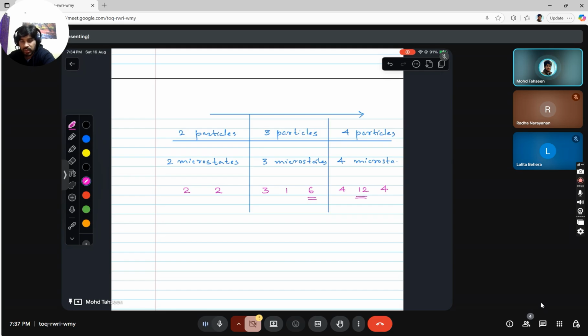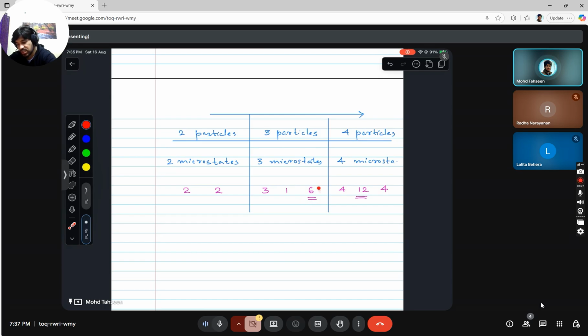So in terms of probability, there are a total of 10 possibilities to have this macrostate. Out of those 10 possibilities, six possibilities are there for a certain microstate, one possibility for some other microstate, and 3 possibilities for another.